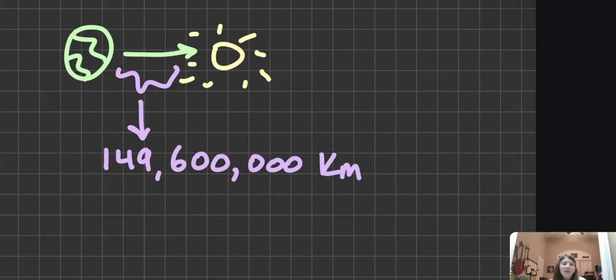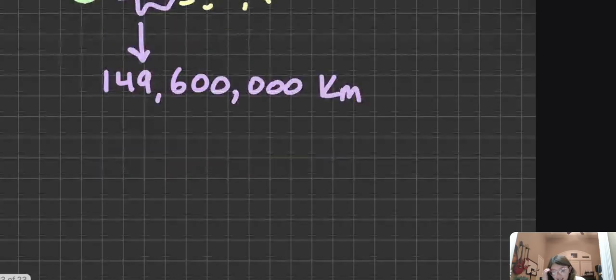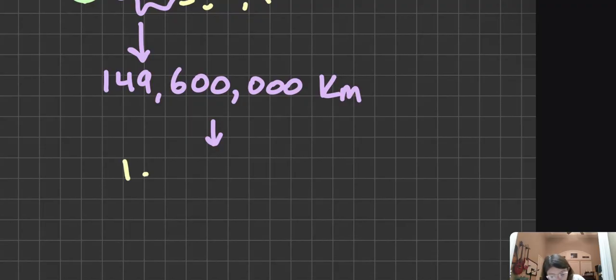But that's a mouthful. I even struggled to pronounce that, right? So an easy thing to think about it is that in scientific notation, it's going to be 1.496 times 10 to the 8 kilometers. That's probably a little easier to say and think about, right?